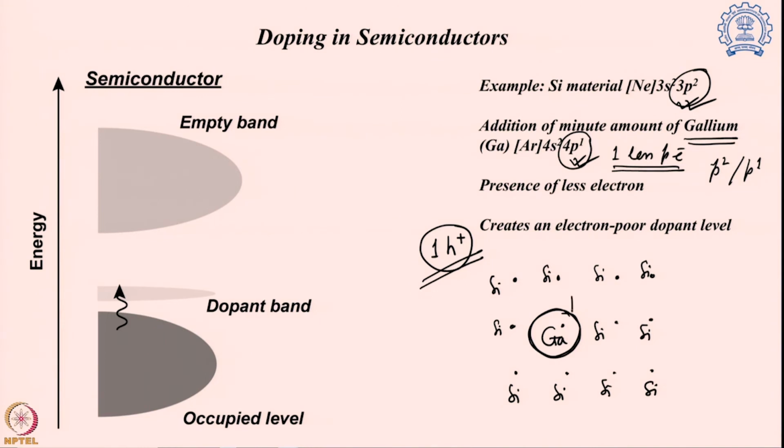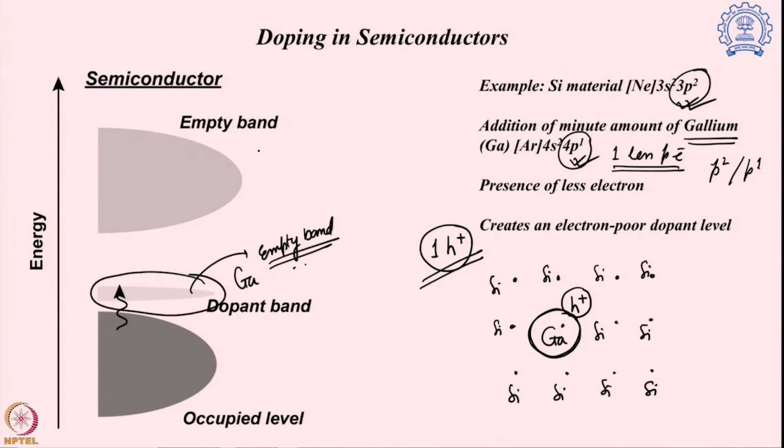Now this extra hole helps us create an unoccupied orbital system, because a hole means a lack of electron, where an electron can go. That is the effect of the gallium, which creates an empty band with these holes very near to the occupied level.